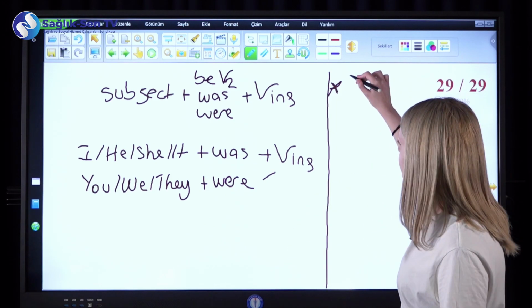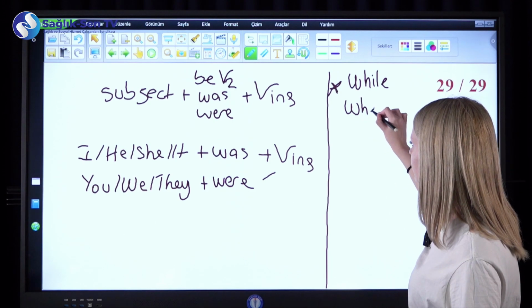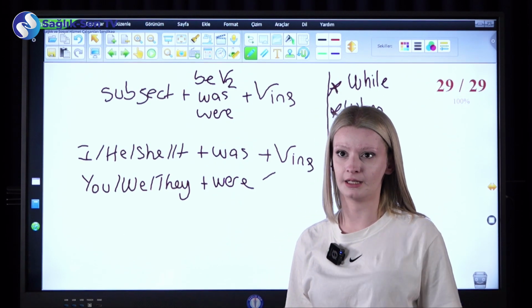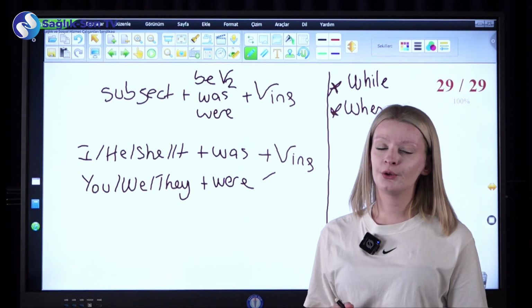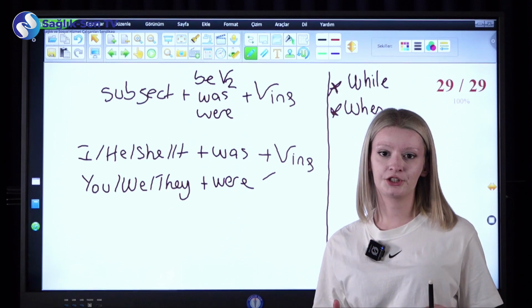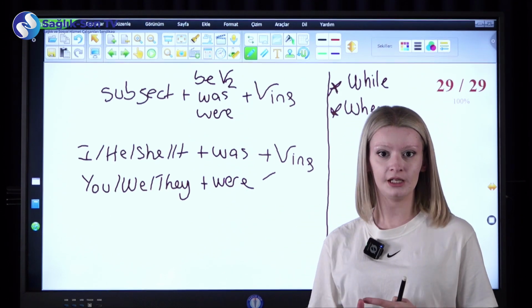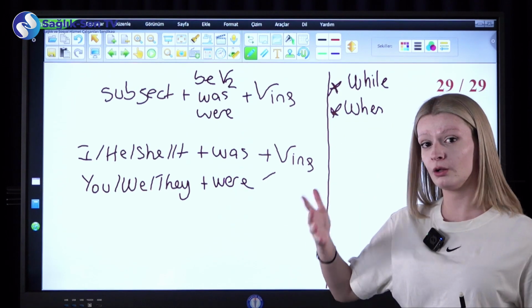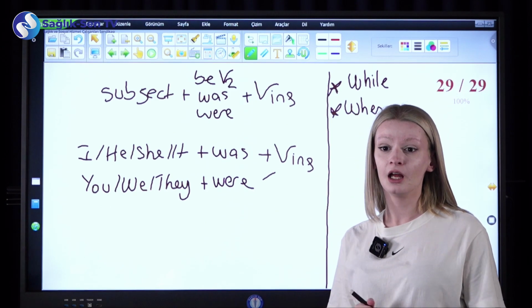The thing is, we are going to use while and when a lot when we're talking about past tenses. Because, as I have said before, we are going to indicate actions that happened at the same time or one interrupted each other. We're going to talk about them, and when we're talking about them, we're going to use these time conjunctions a lot.